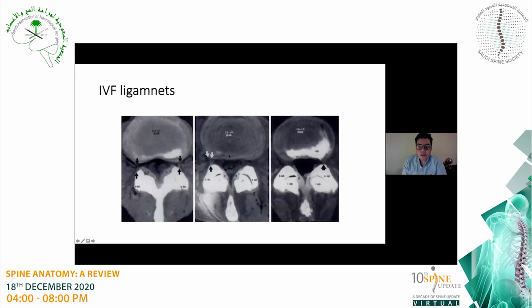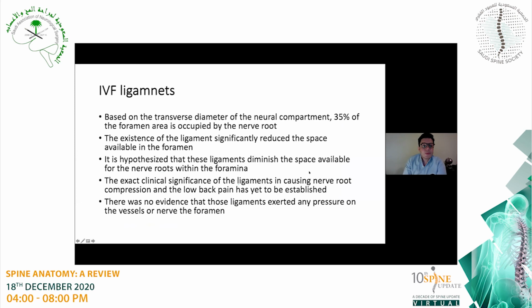Also, on CT scan, careful examination in axial, coronal and foraminal windows with magnification can identify these ligaments before surgery. Based on the transverse diameter of the neural compartment, around 30% of the foramen is occupied by the nerve root. The existence of the ligaments significantly reduces the space available in the foramen.